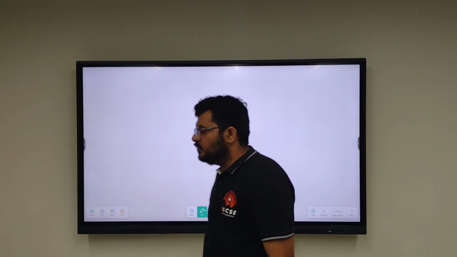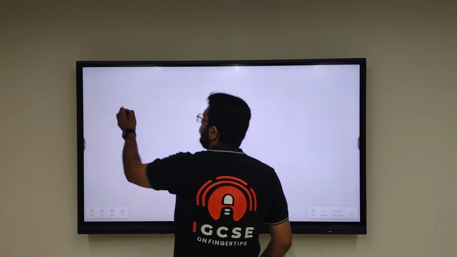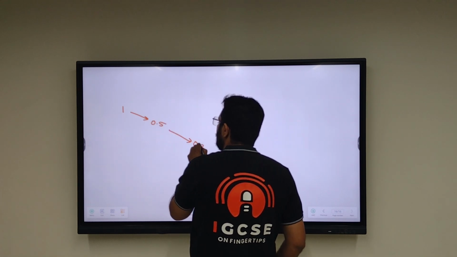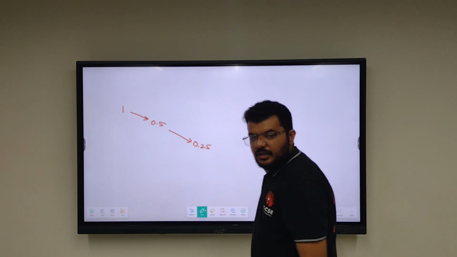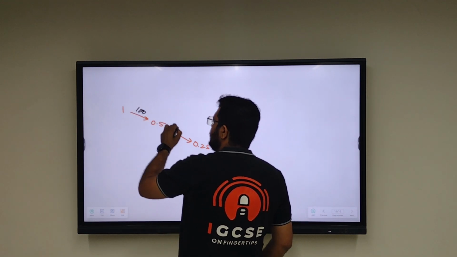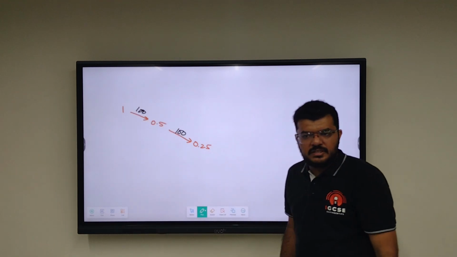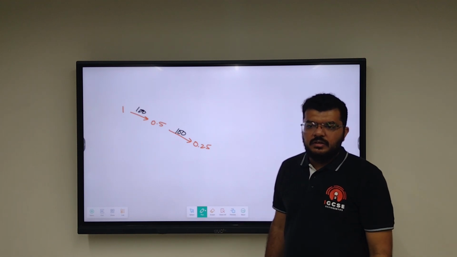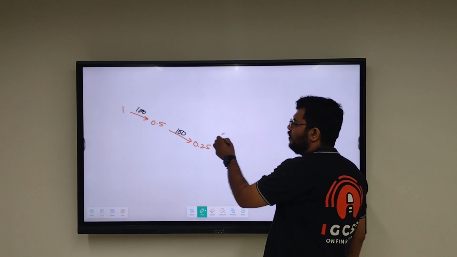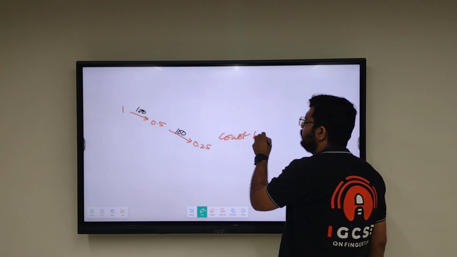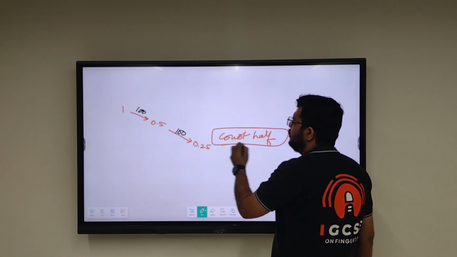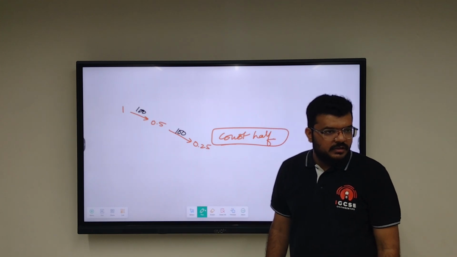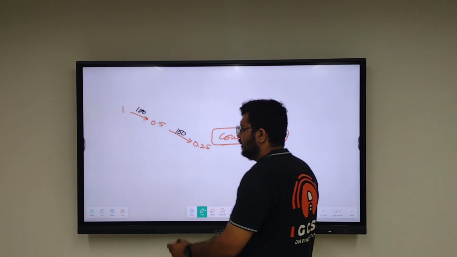From 1 mole per dm³ to 0.5 and then to 0.25, if each takes 100 seconds, then the change is equal. This is a constant half-life, first order. If it has a constant half-life, it is directly dependent.